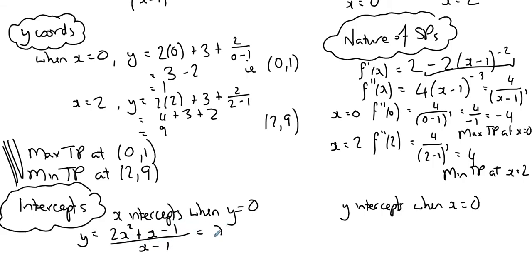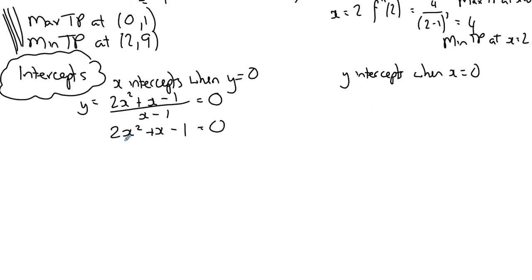And what we're saying is that we want that to equal 0. Which means that if you multiply both sides by x minus 1, we get 2x squared plus x minus 1 equals 0. We already factorised that up above.